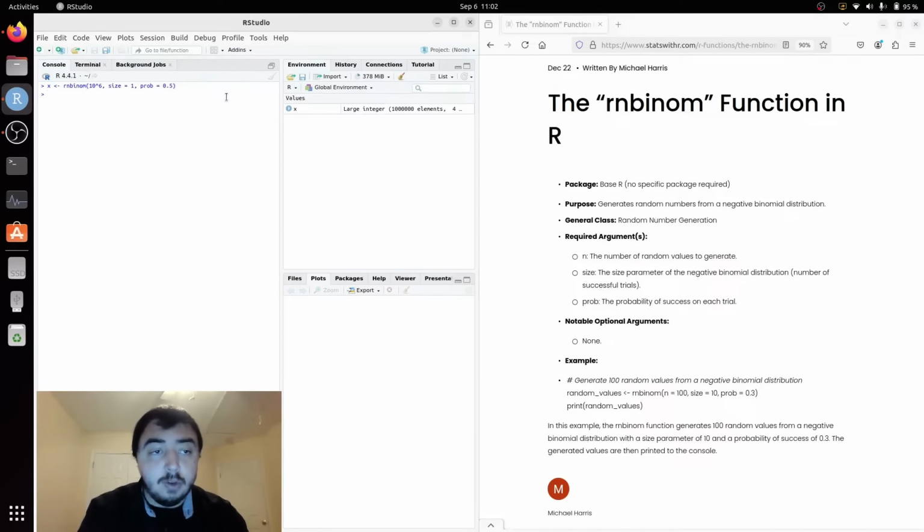Okay, so I have these values, and I'm going to go ahead and show you the first 8. Hopefully it'll fit in one line. Oh yeah, of course. Okay, so sometimes it takes 2, sometimes the first draw is a success. So it goes from 0, 1 to 2.